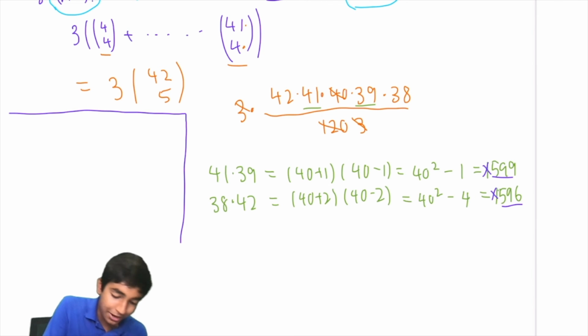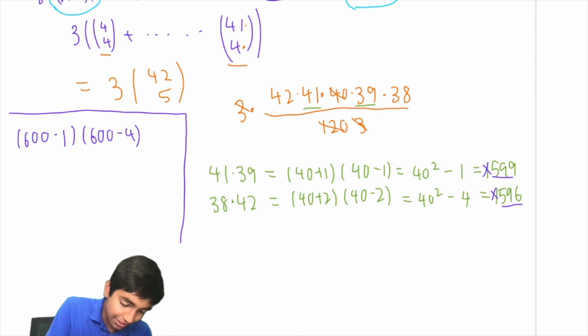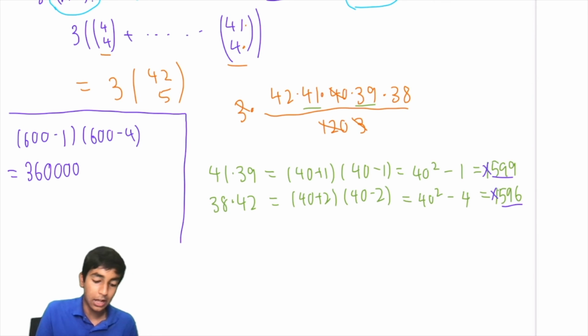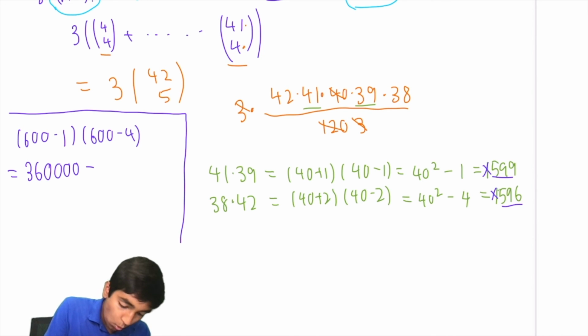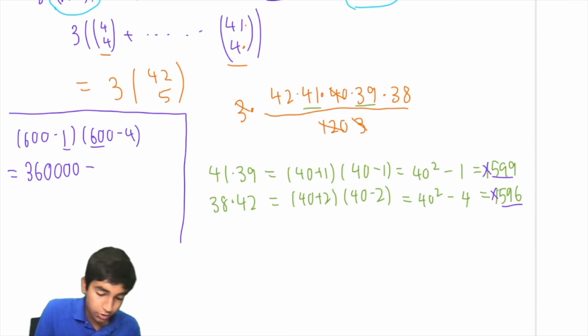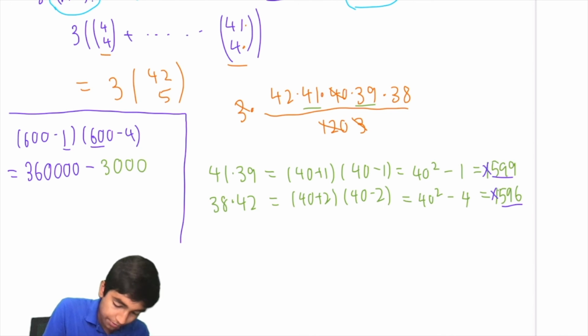That's 600 minus 1 times 600 minus 4. 600 times 600 is 360,000. Minus 1 times 600, minus 4 times 600, so minus 5 times 600, which is minus 3,000. Plus 4 at the end.